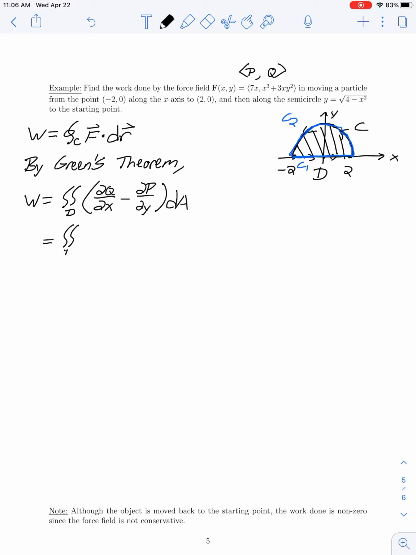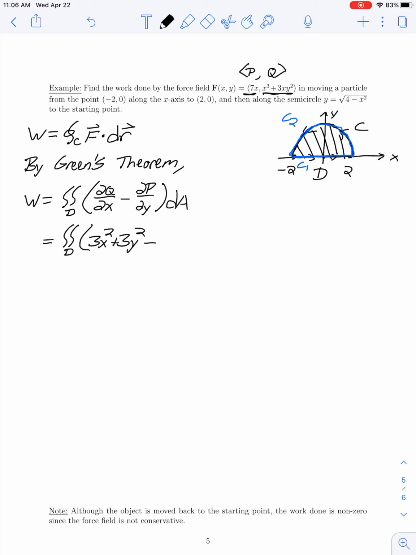So that is the double integral over D of our partial derivative of Q with respect to x, which is 3x squared plus 3y squared. And then we are subtracting the partial derivative of P with respect to y.